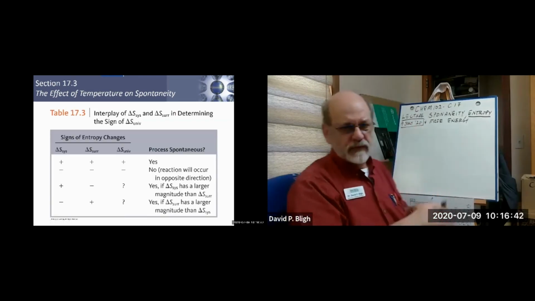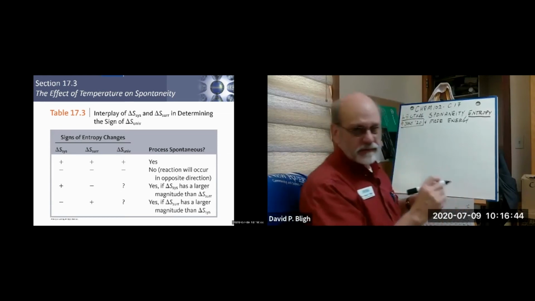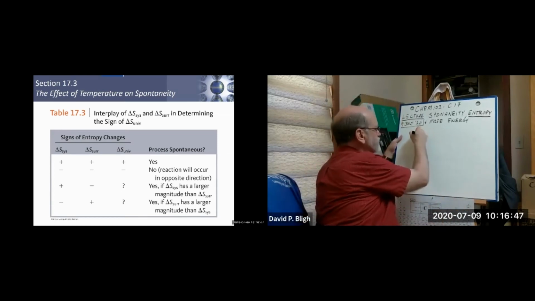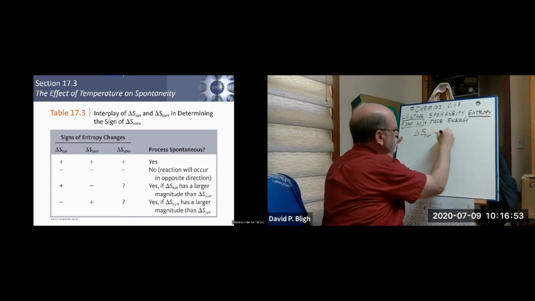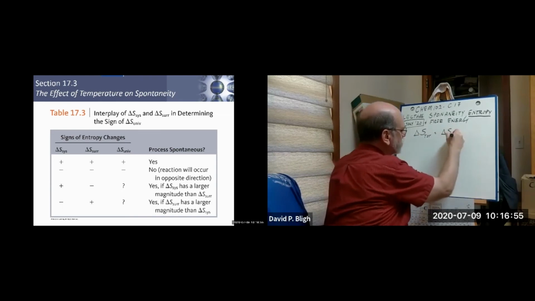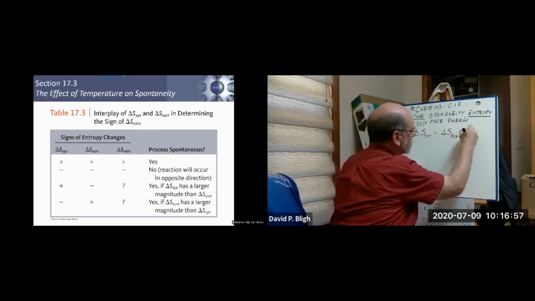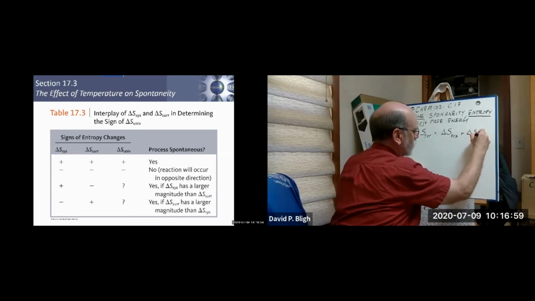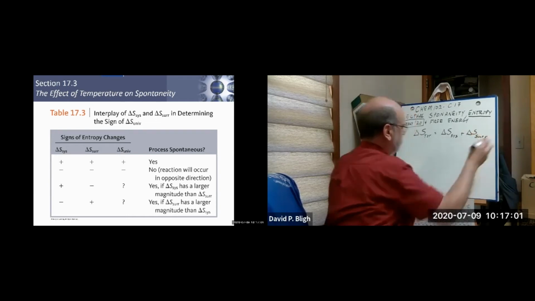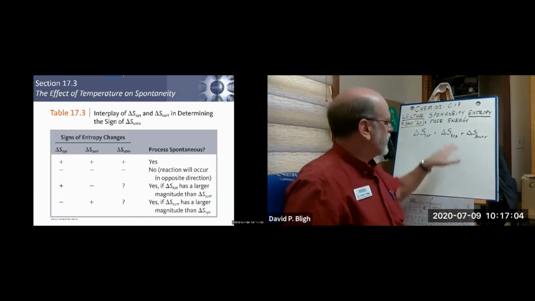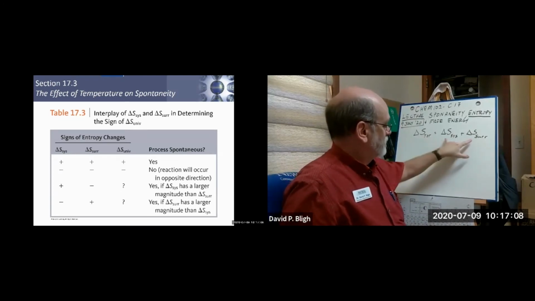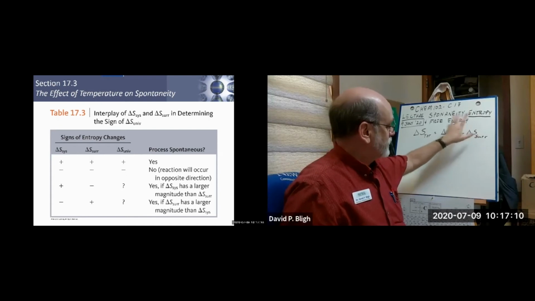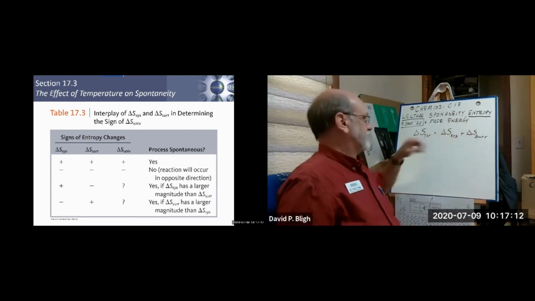So, the relationship, let's put this back up here. The delta S total is equal to the sum of the delta S for the system plus the delta S for surroundings. So any change, if this does not change, then if you change that one, this one increases, that one decreases, vice versa.